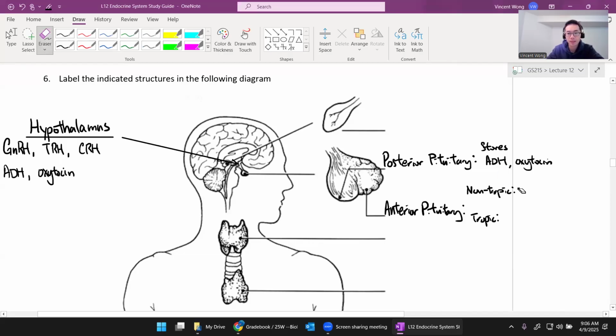Okay, so non-tropic, not targeting another endocrine gland. I'm sorry if I sound like I'm repeating myself, because I am, okay? Just trying to get it in your head. So which two hormones from the anterior pituitary gland do not affect another endocrine gland? One of them makes you grow, growth hormone.